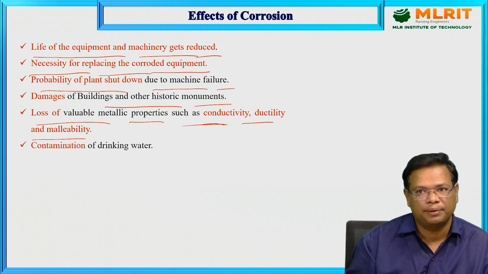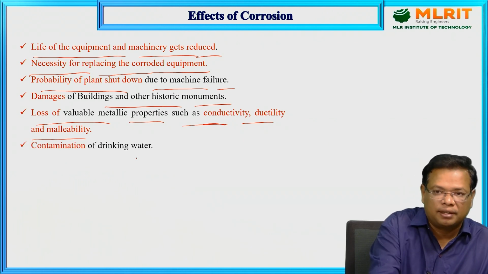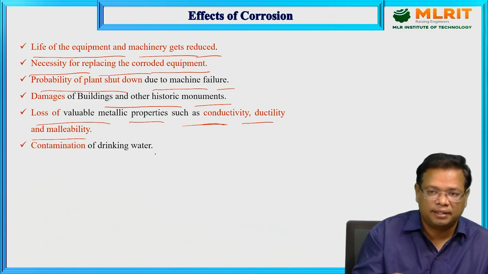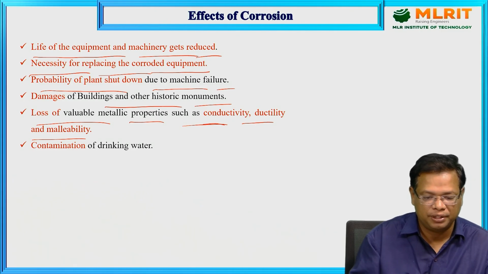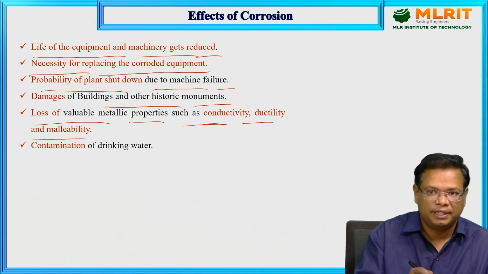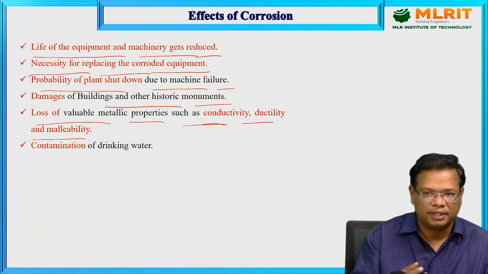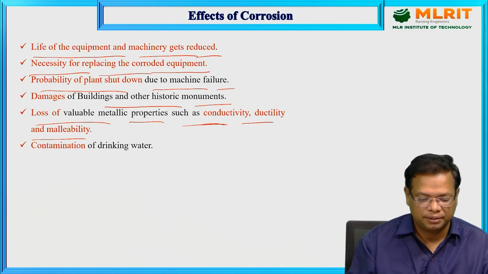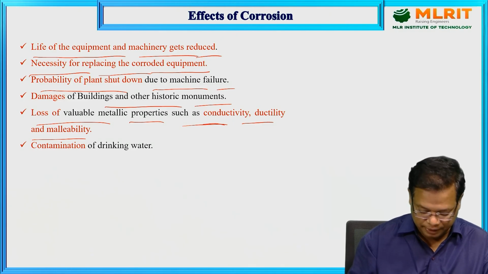Contamination of the drinking water. Of course, these corrosion forming substances, the compounds like Fe2O3, for example, which we spoke of just now, Fe2O3 will be mixed with the water. So if you drink that water, that complex will get into your body, which is not good for our health.